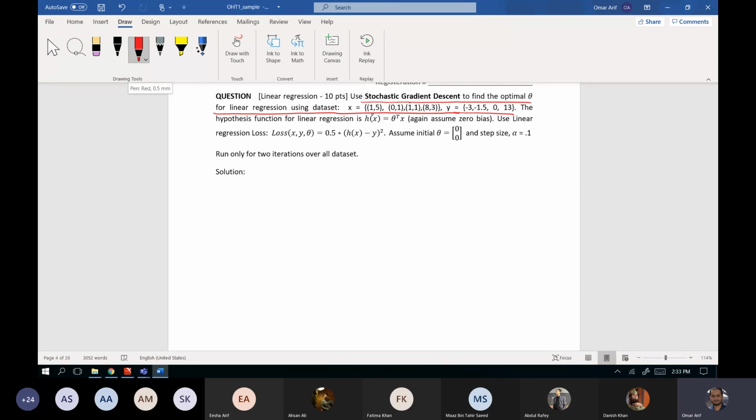Since there are two features, I have X1 and X2, and then I have the Y.